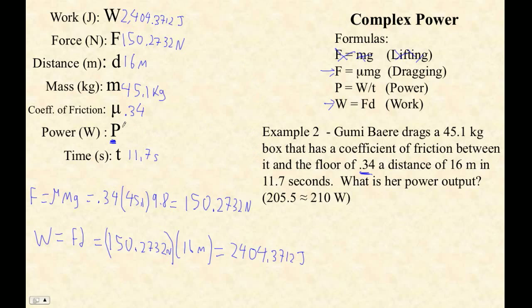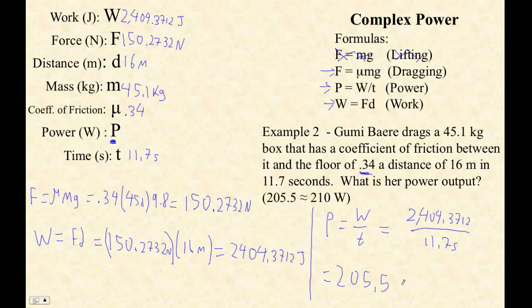I guess power is the last thing. We must be able to calculate it, and it's just work divided by time. So power is work divided by time. My work is 2,404.3712 divided by our time, 11.7 seconds, which is 205.5.